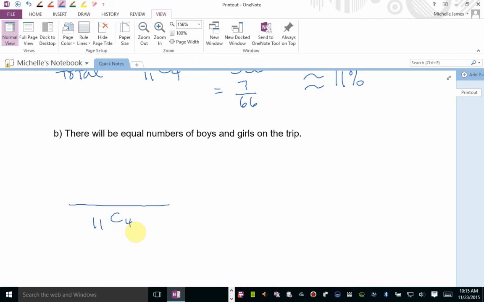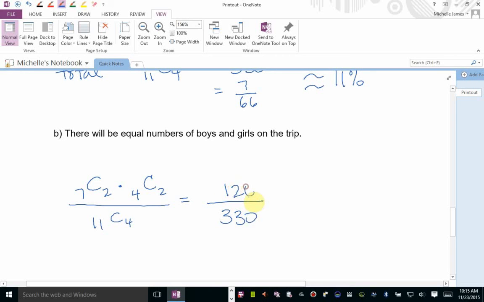How would I represent equal boys and girls? What would the girls be? 7 choose 2. The boys would be? 4 choose 2. Yes. All right, so out of 330, 7 choose 2 multiplied by 4 choose 2. What is it? 126. Thank you.